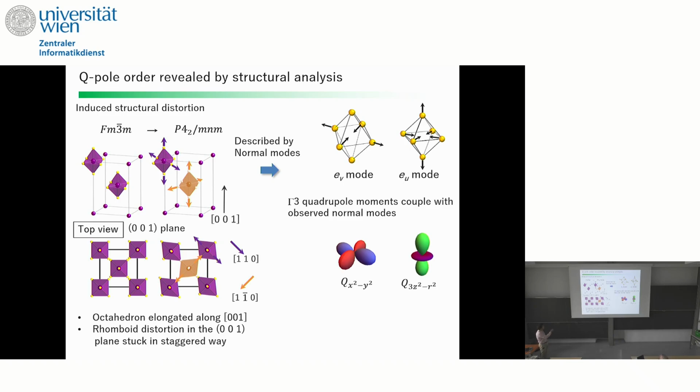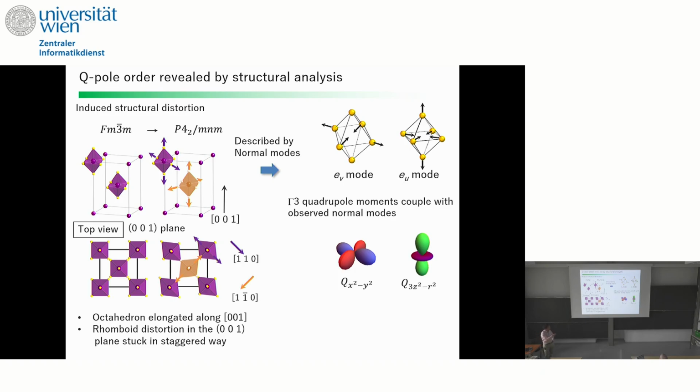The top layer, purple layer, we have uniform distortion along this direction. But the second layer, orange octahedra, distort in the orthogonal direction. So this kind of antiferroic stacking was realized. And we can decompose this distortion into the normal modes of octahedral distortion, which are called EV and EU.